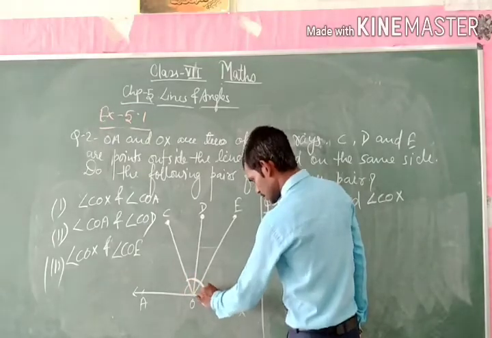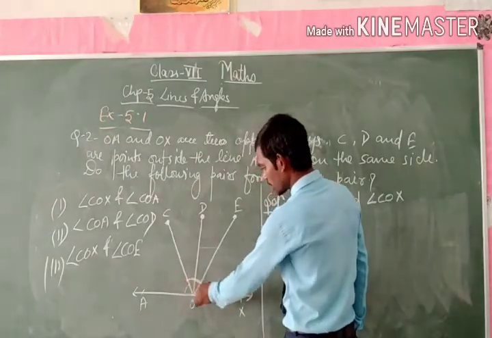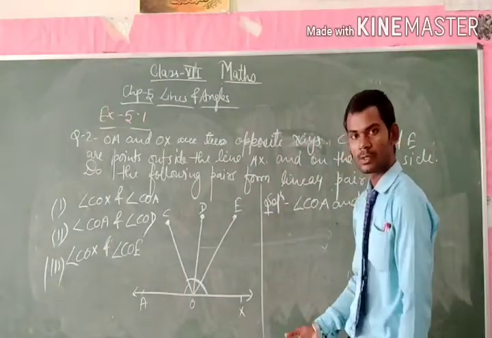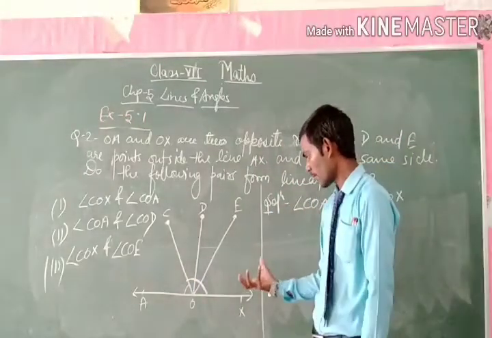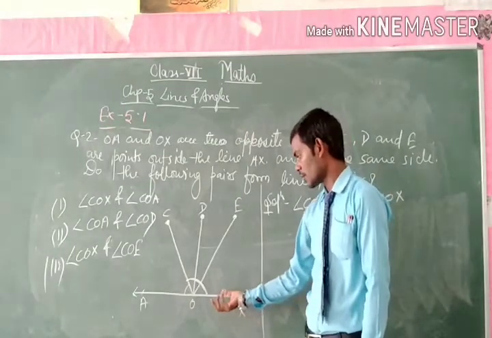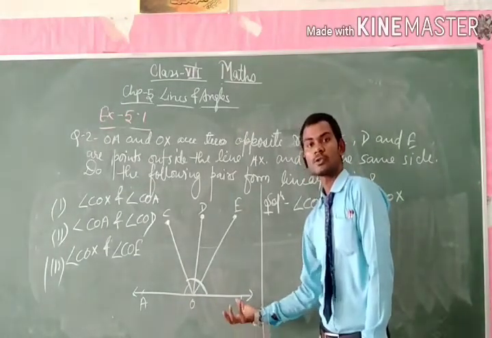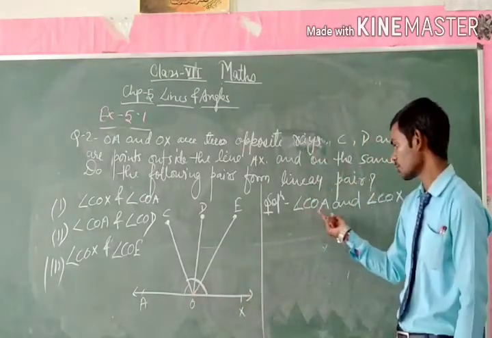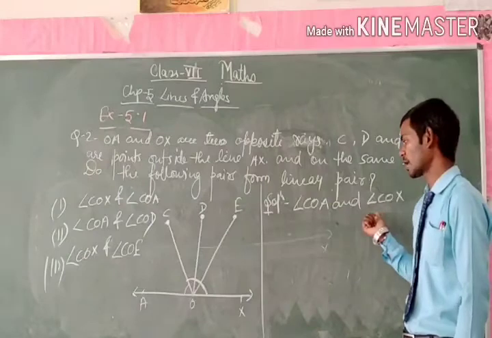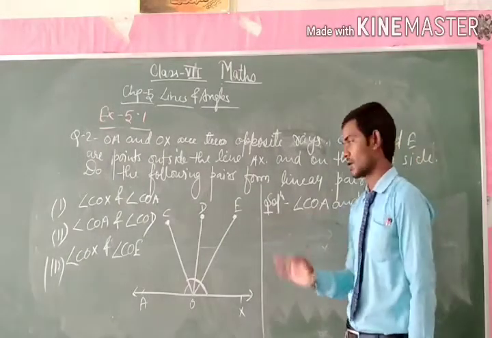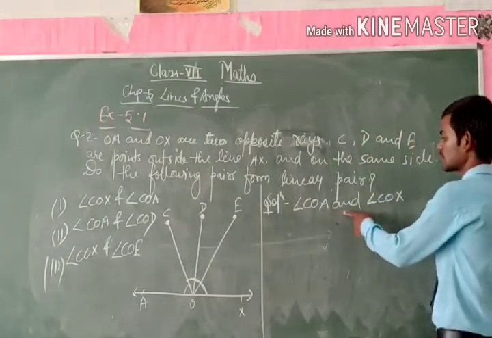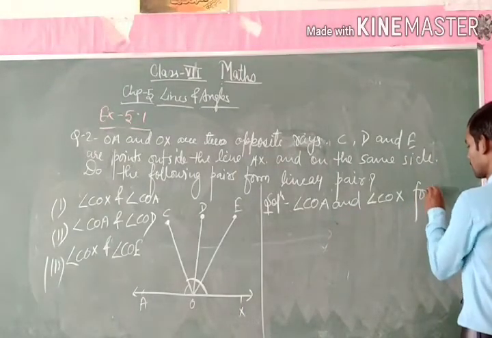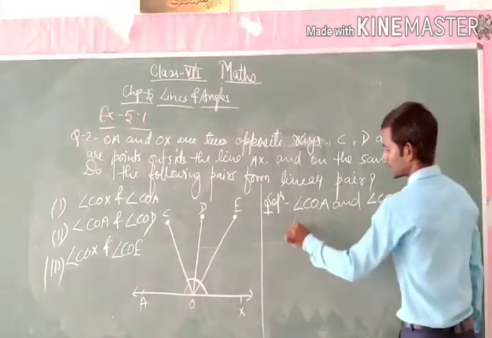Here we can see that when we measure the sum of this pair of angles, we get 180 degrees. So we can say that these two angles, angle COA and angle COX, form a linear pair.